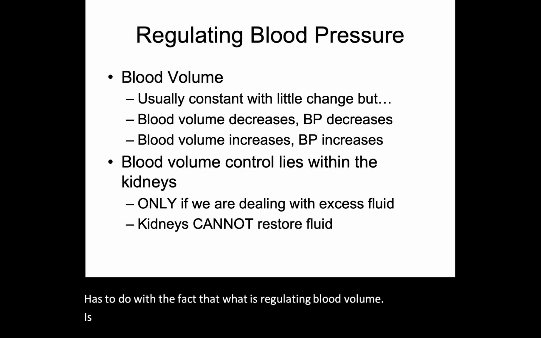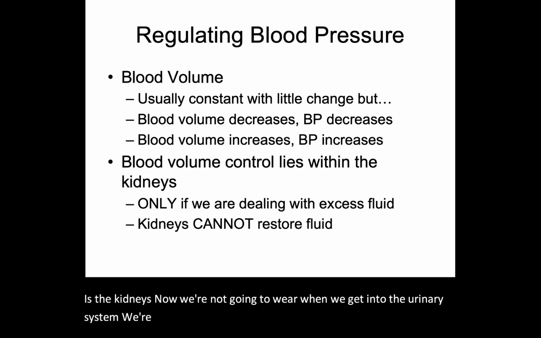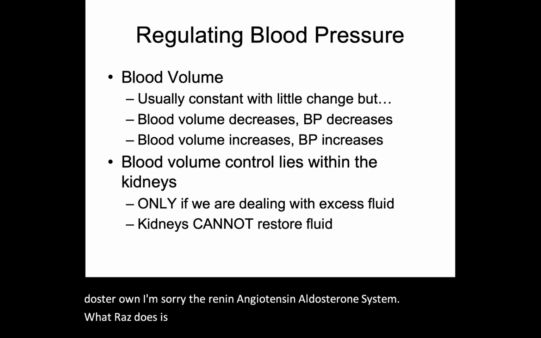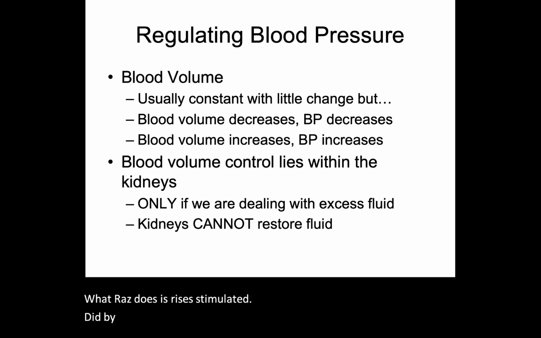Now, when we get into the urinary system, we're going to talk about RAAS, the renin angiotensin aldosterone system. And what RAAS does is, RAAS is stimulated by the kidneys to go ahead and regulate blood volume.